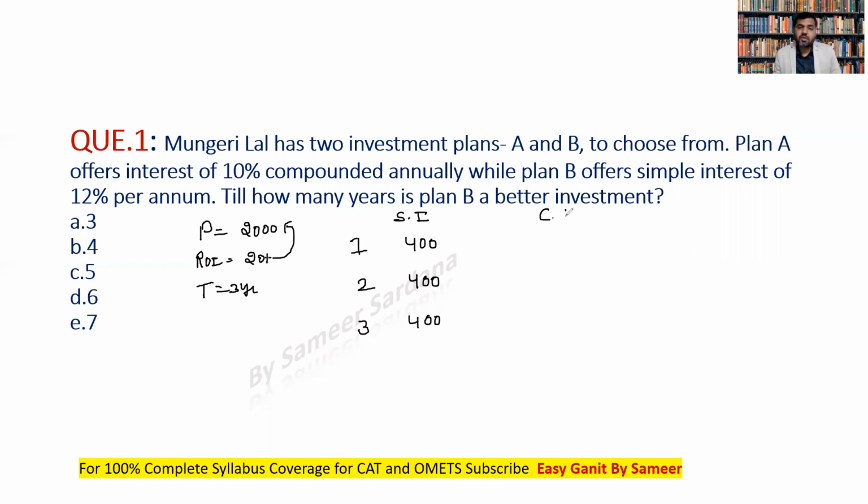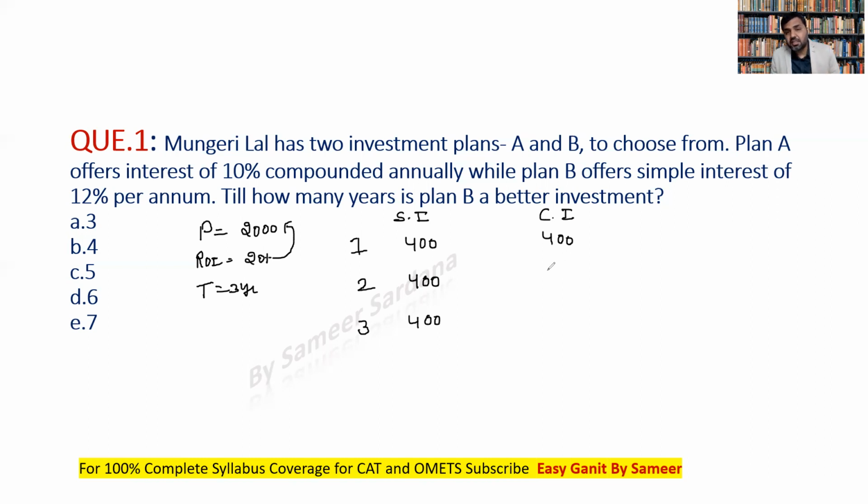But when it comes to compound interest, compound interest says, in addition to the interest on the principal, you will also be getting the interest on interest. That means in the first year, you will be getting 20% of 2,000, that is 400 rupees.